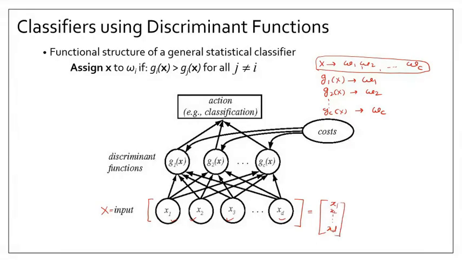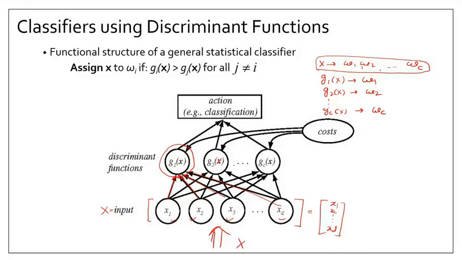Now see, this node is receiving signal from all the input nodes. That means everything being fed here is received by G1x. Similarly, everything fed here, that is x, is received by G2x.